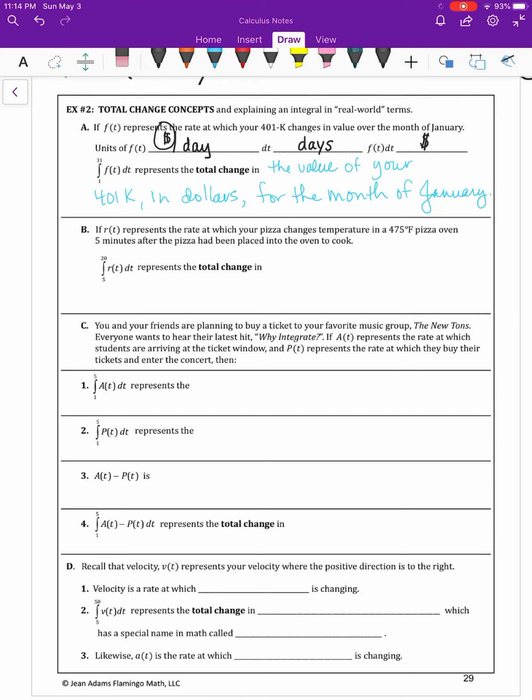Okay, so R of t represents the rate at which your pizza changes temperature in a 475-degree pizza oven 5 minutes after the pizza had been placed into the oven to cook. So it's going to be degrees Fahrenheit per minute, right?